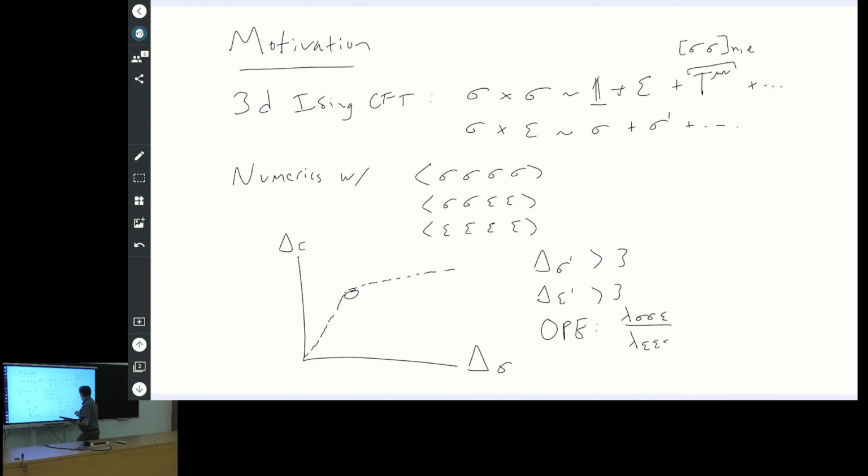So there's some OPE coefficient sigma sigma epsilon. There's another coefficient epsilon epsilon epsilon showing up in these OPEs. By scanning over the possible values of this ratio, along with these 2 dimensions, you get a 3-dimensional island, and this is really the 2-dimensional projection of that.